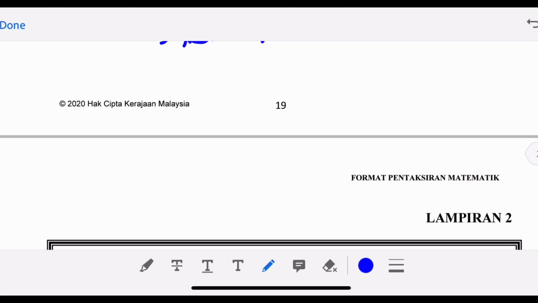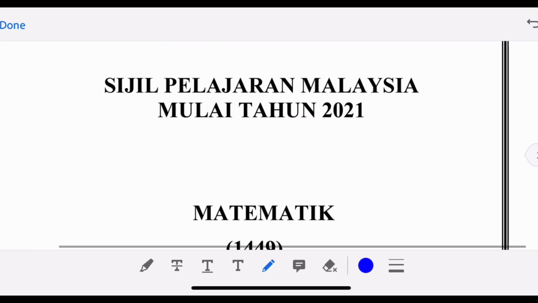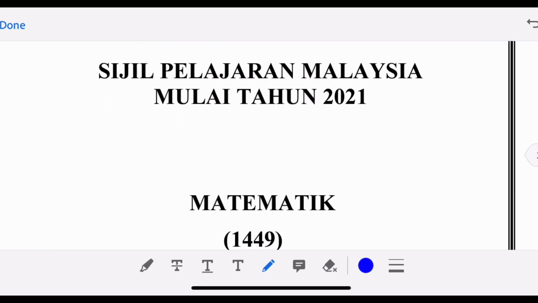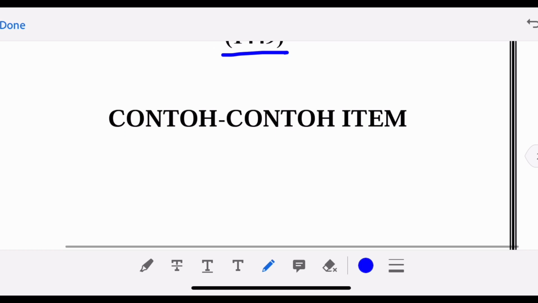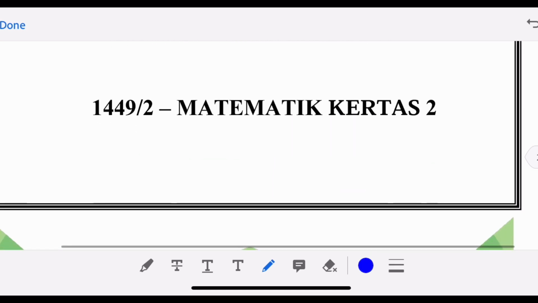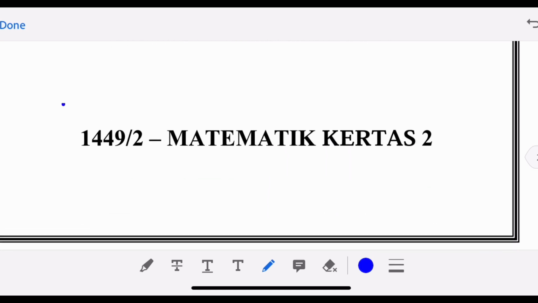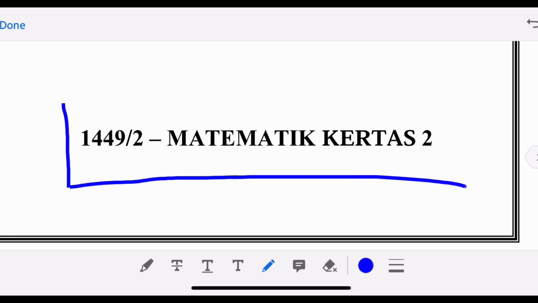Let's have a look at the latest exam format from the Lembaga Peperiksaan. It starts next year, 2021, and the code is still the same, 1449/2 for mathematics paper 2.